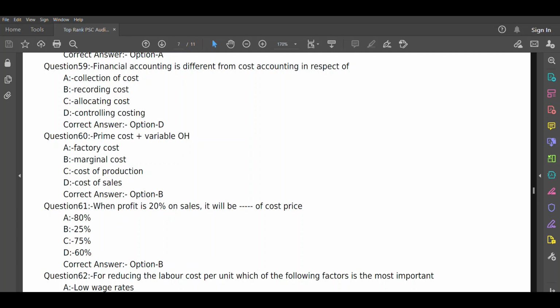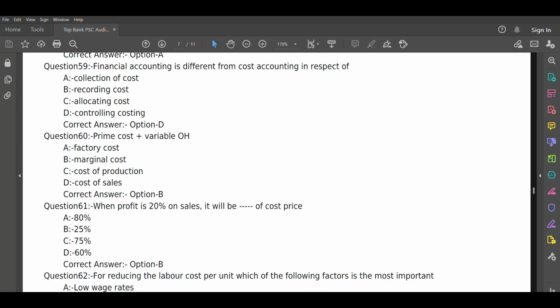When profit is 20% on sales, it will be dash of cost price. 25%.